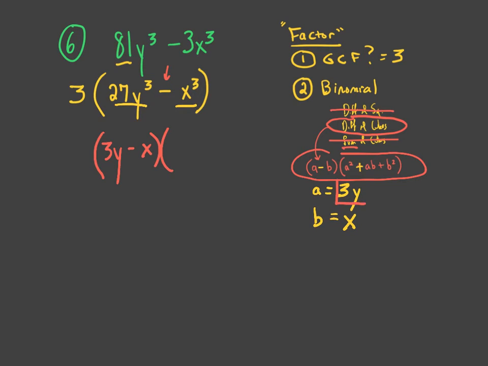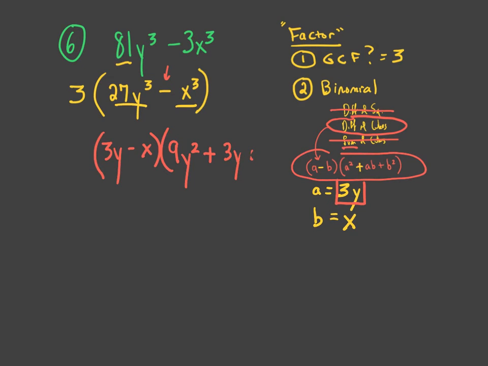Remember I said when a has two parts to it, you want to square both of those things. So we're squaring the 3, also squaring the y. And then plus ab. Ab, we're multiplying 3y and x. You could write 3yx, just butt them up against each other like that.